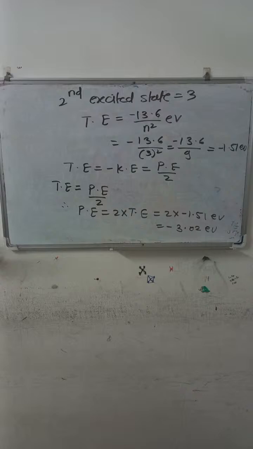Write down next question. The radius of the innermost electron orbit of a hydrogen atom is 5.3 into 10 raised to minus 11 meter.